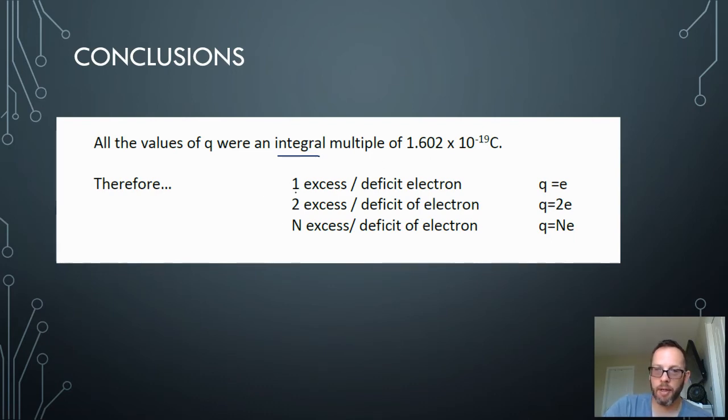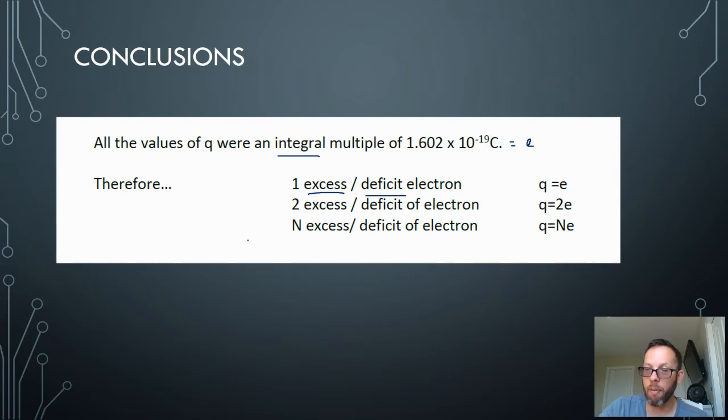So if a charged particle has one extra or loses one electron, its charge, we're going to say, is going to be E. The elementary charge is 1.602 times 10 to the minus 19 coulombs.